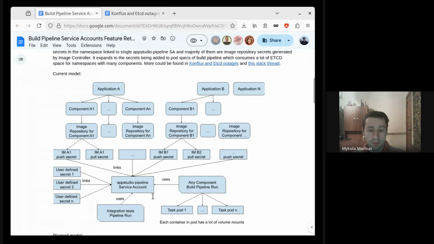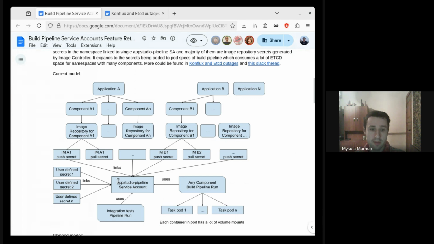So the problem to understand here is that this UpStudio pipeline service account is used by any build pipeline run of any component in the namespace. And to this service account, we have mounted a lot of secrets.